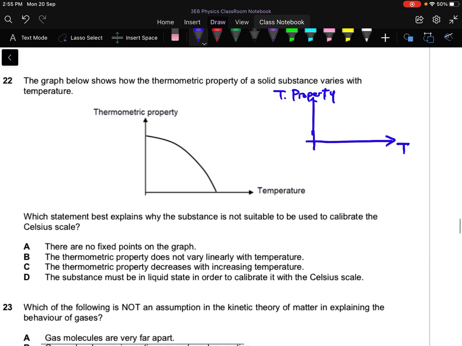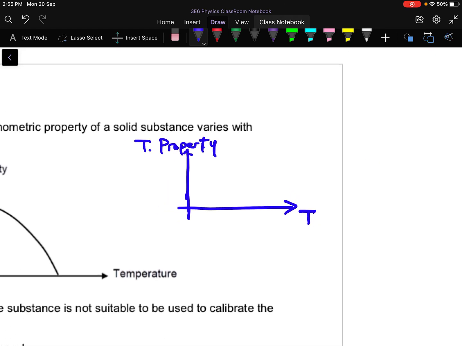Okay, for question 22, I would say that most of the students are having problems with this. Normally when we want to calibrate a temperature scale, we find the temperature equals 0. This is what we call the ice point. Then we observe that at the ice point, my thermometric property will cause this amount of change, like the length of a mercury column.